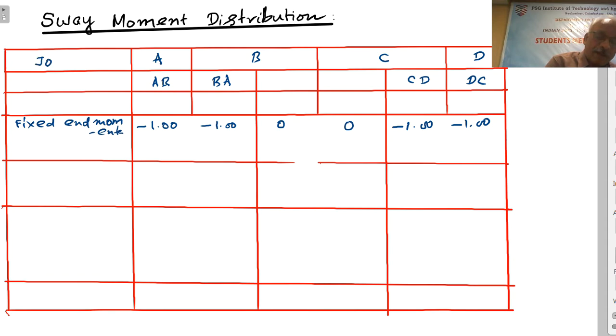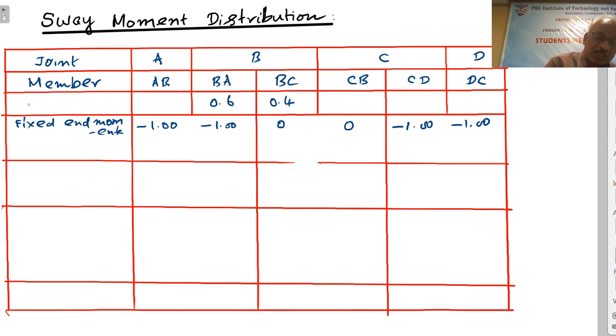So joint, member, BA, BC, CB. Now coming to distribution factors, as we have calculated earlier, for BA it is 0.6, for BC it is 0.4.